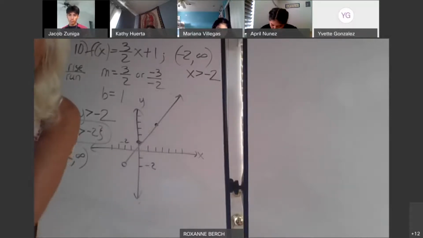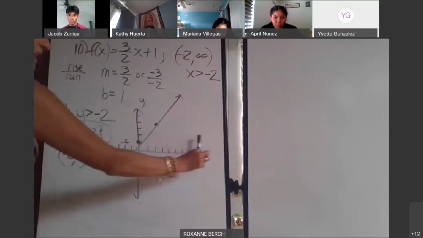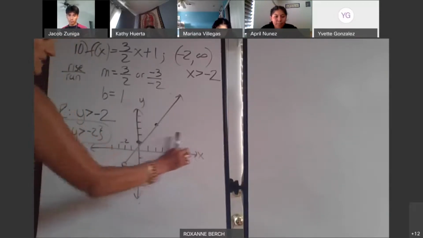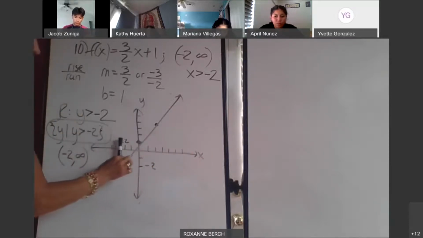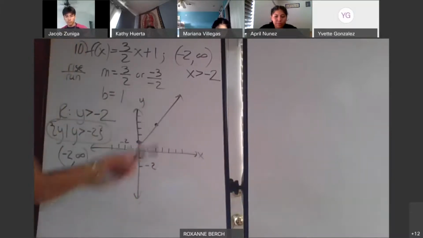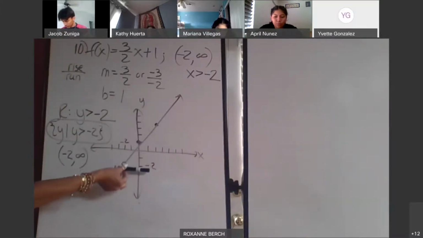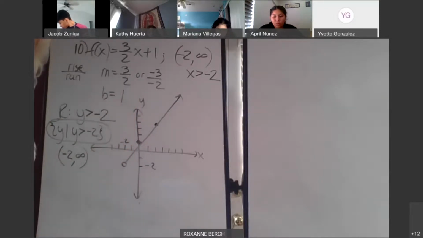So for you guys, if you have a pen or a pencil, you can hold your pencil like this along the x-axis. So this shows you the domain. Nothing, nothing, nothing, nothing, open on -2 to infinity is the domain. Nothing, nothing, nothing, nothing, nothing, open on -2 to infinity for the range.